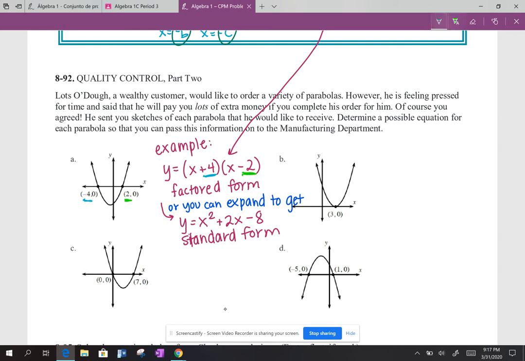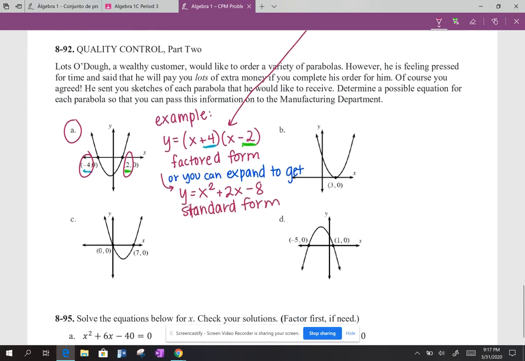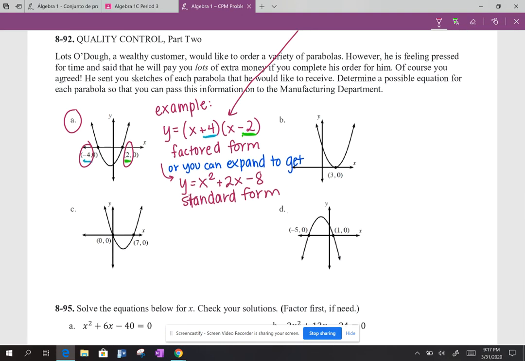I had already worked out an example for part A. I just told you that these were your x-intercepts and they go into your factored form equation, okay? So why does x plus 4 correspond with this x-intercept of -4?